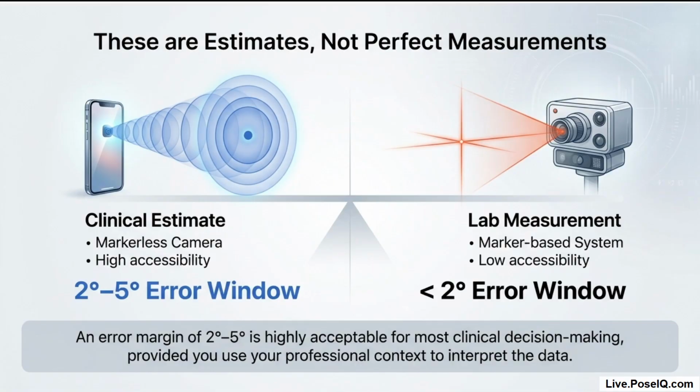It's also important to remember that these values are estimates. Pretty much any kind of measurement, right? It's kind of like we try to estimate what is reality. Not always, but in many cases. They're not perfect measurements, and they should not be interpreted as absolute truth.